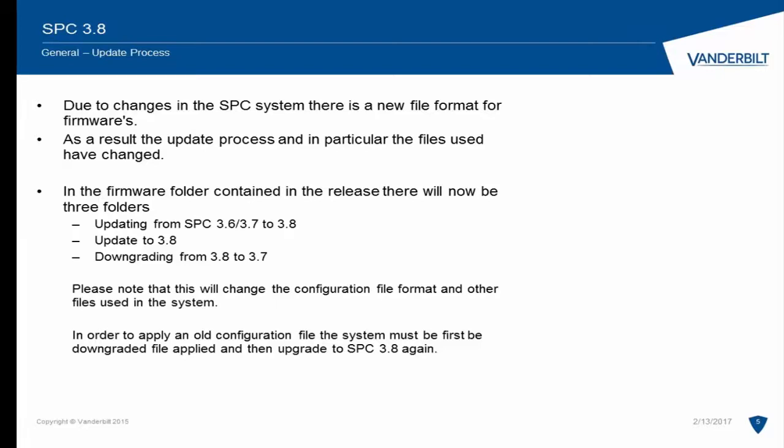But now, if you want to go from a 3.7 config to a 3.8 config, you must actually do the panel upgrade. You cannot take a configuration file out of a 3.7 and put it into a 3.8. So you have to upgrade the panel from 3.7 to 3.8, and that process will upgrade the configuration file to 3.8 internally.